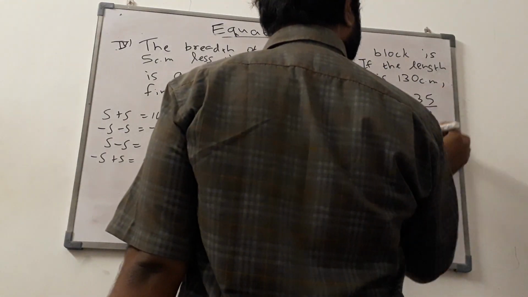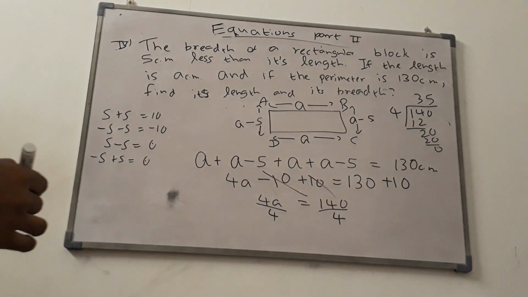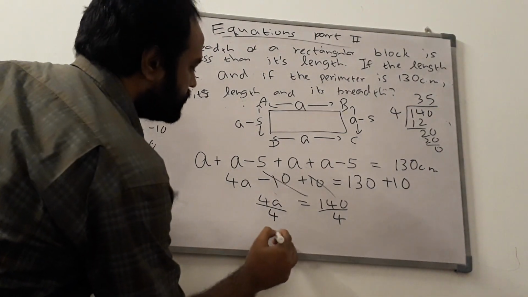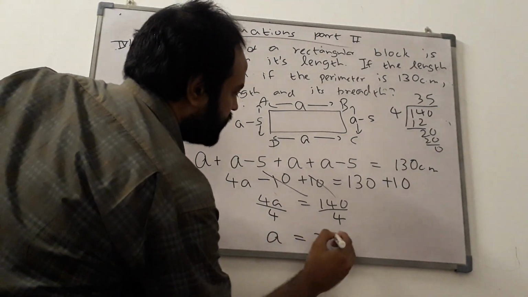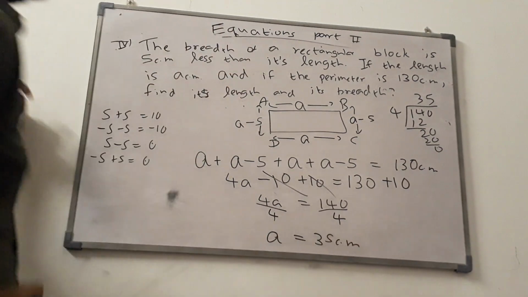When we divide 140 by 4, 4 times 3 is 12, and 20 means 4 times 5. So a is 35 centimeters.